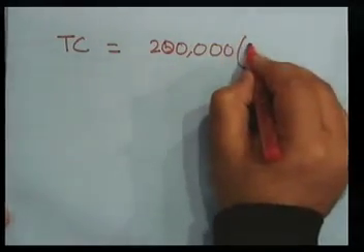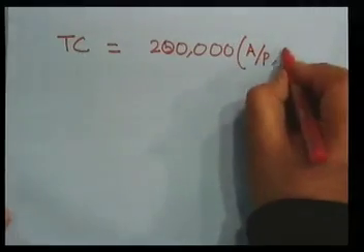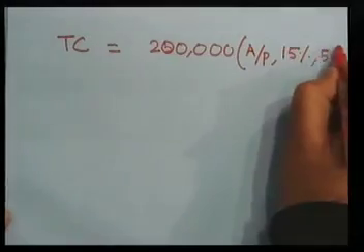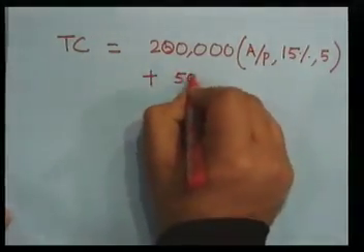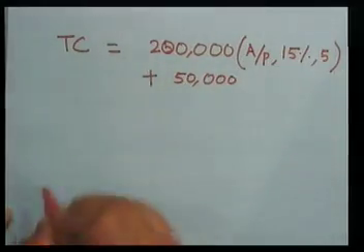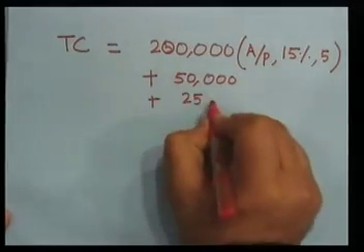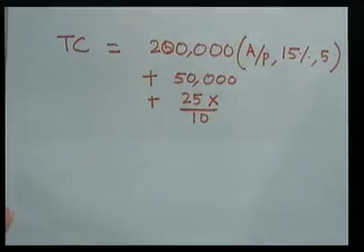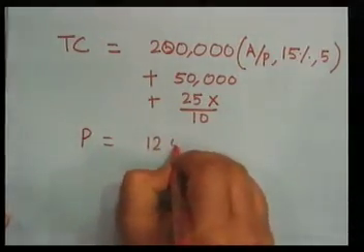I am interested in A, so I will write A given P, with interest rate 15% and planning horizon 5 years, plus 50,000 as overhead cost, plus 25X upon 10. Now my sales price P is given to be $12.50 per unit.